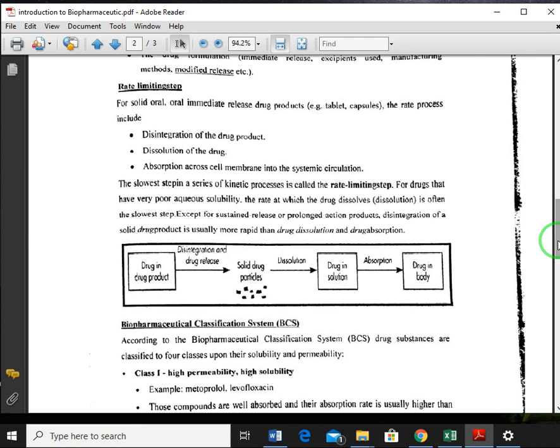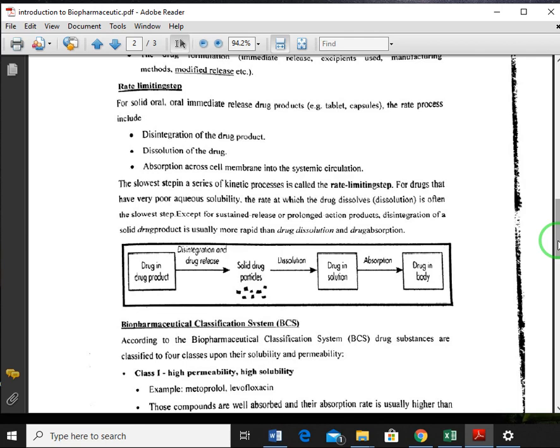This smart disintegration is not applicable, where we have to slowly disintegrate. Our intention is the slow disintegration of the formulation. You can see in this diagram the drug in the product. It disintegrates and the drug is liberated as solid drug particles.